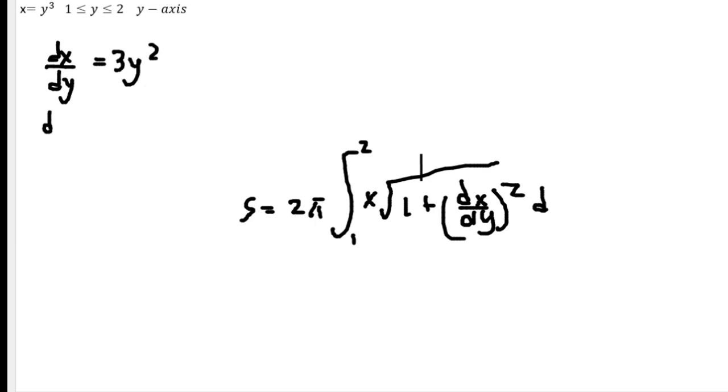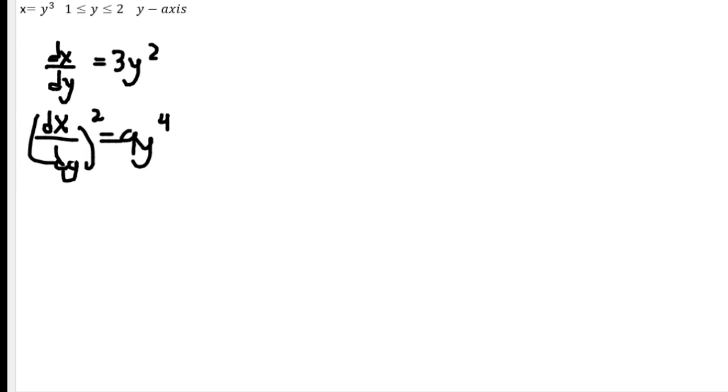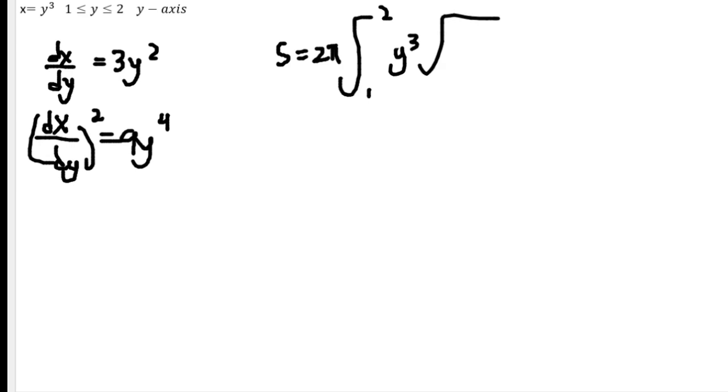That's going to be 3y squared if we differentiate it. And then you're going to take the square of both sides. So we got 9y to the 4th. Okay, so let's plug it into the equation. So we get s equals 2 pi, and we have 1 to 2 here. And we get x, that's going to be y cubed, times the square root of 1 plus 9y raised to the 4th, dy.